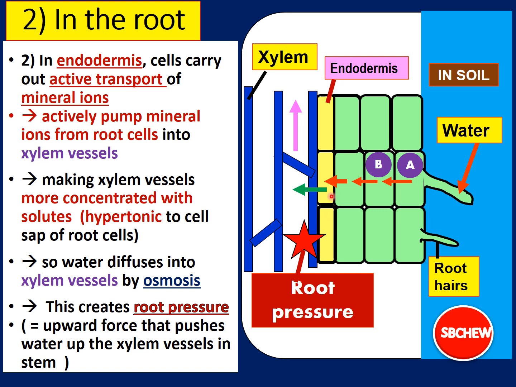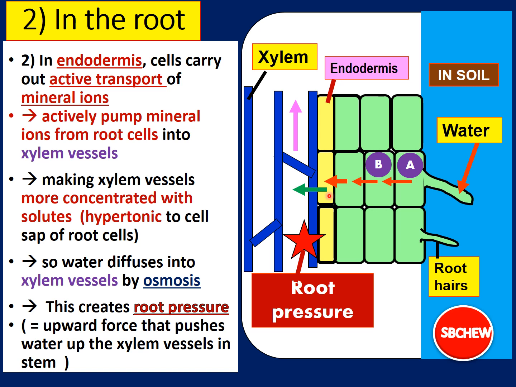This is to ensure that water diffuses into the xylem vessels by osmosis from the region of higher concentration of water in the endodermis into the xylem vessels, which have a higher concentration of solutes, which is hypertonic to the endodermal cells.